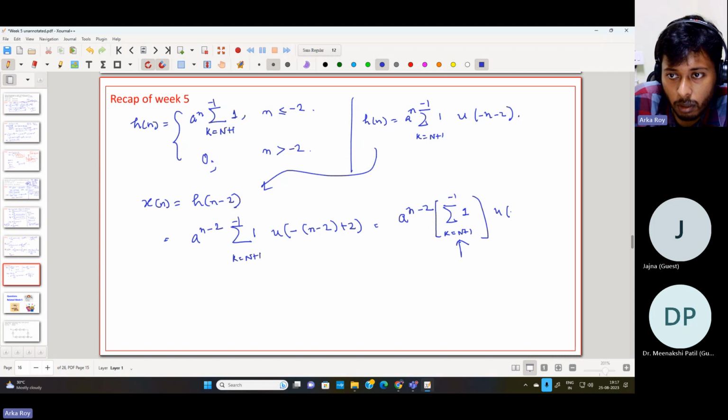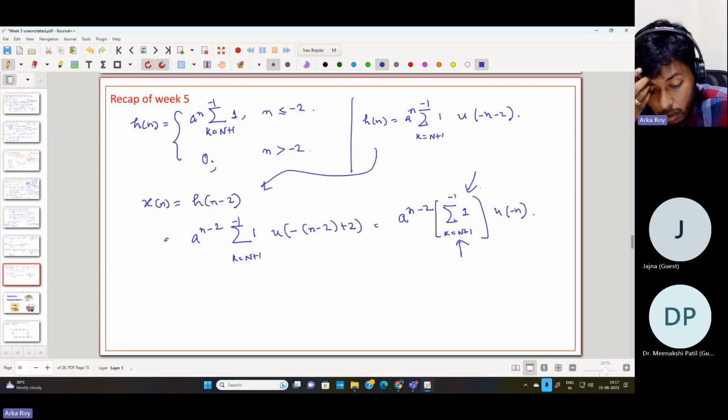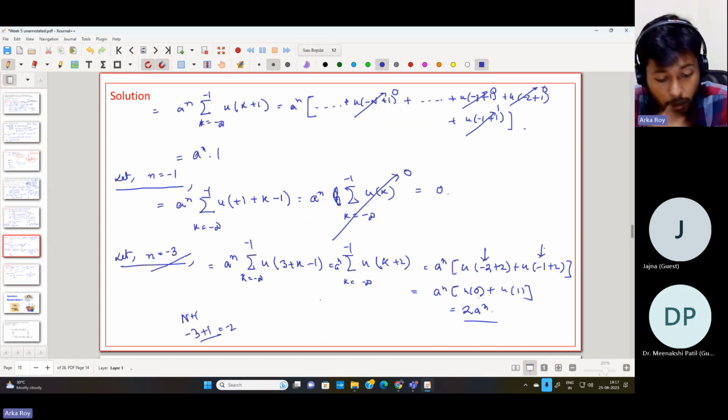So u of minus n. So we have to see what will be the output over here also. So we need to see the summation result. To get the summation result over here, I can show it from this particular example.